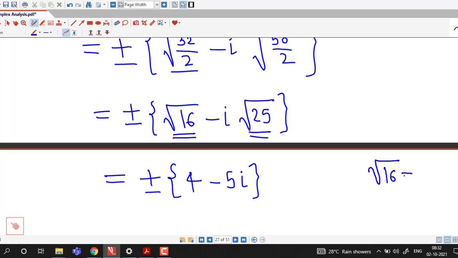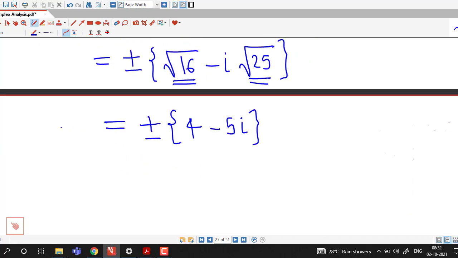We know that under root 16 is plus or minus 4, but while using this formula we will consider only positive square roots of positive real numbers.